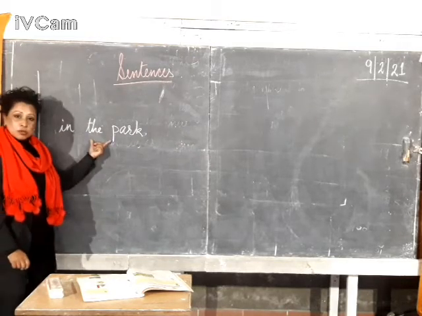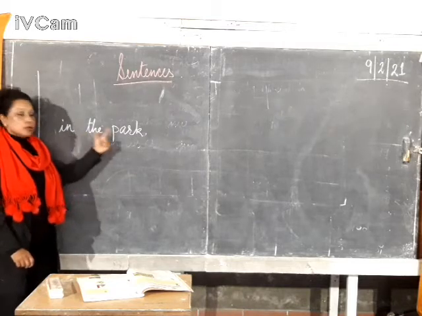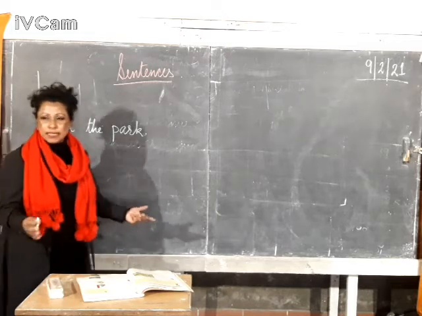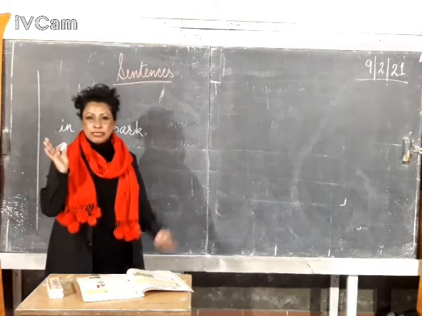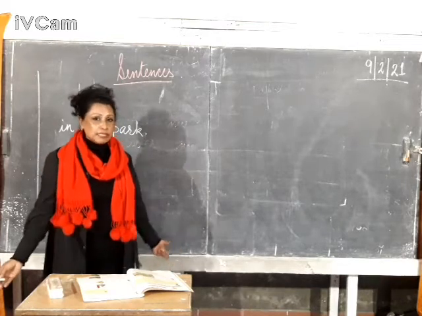These are also group of words. In the park. So it is making sense, that means yes, you can analyze what the person is trying to say, but it does not make complete sense, isn't it?